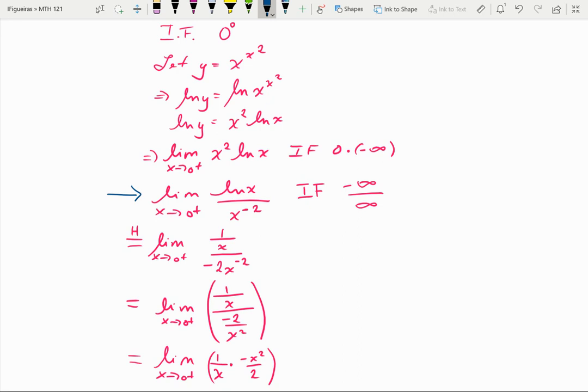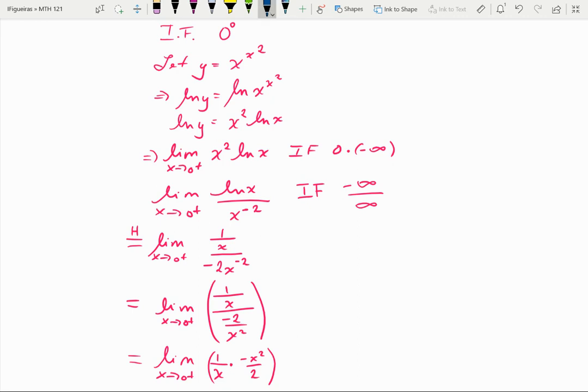The limit as x approaches 0 from the right is ln of x over x to the negative 2, by moving the x to the denominator and changing the sign to a negative 2 instead of positive. That's equal to the above line. They are equivalent, just written in a different way. But writing it as a quotient allows us to evaluate this to see if it's indeterminate form.